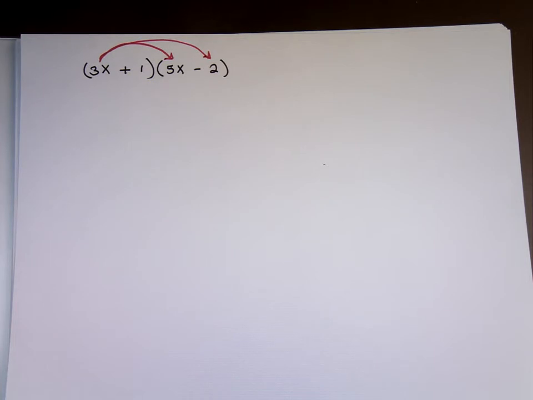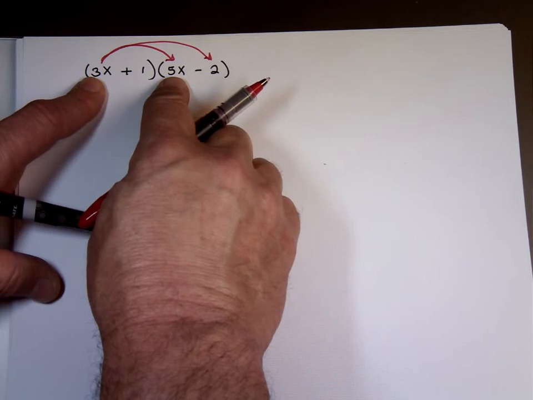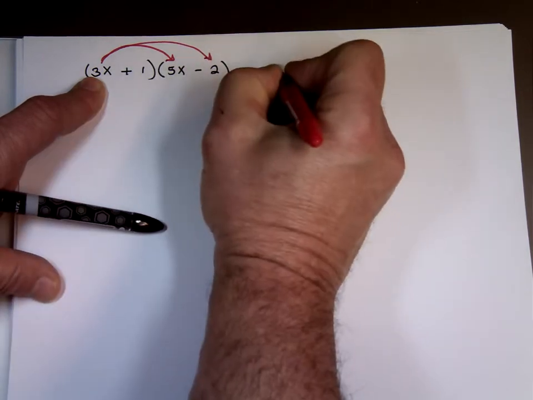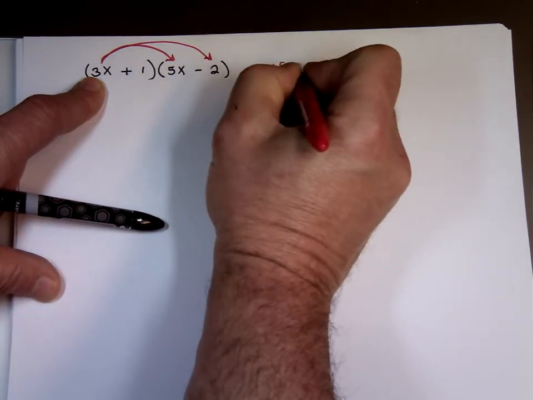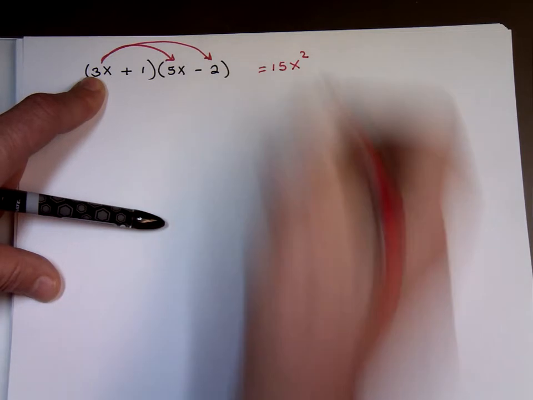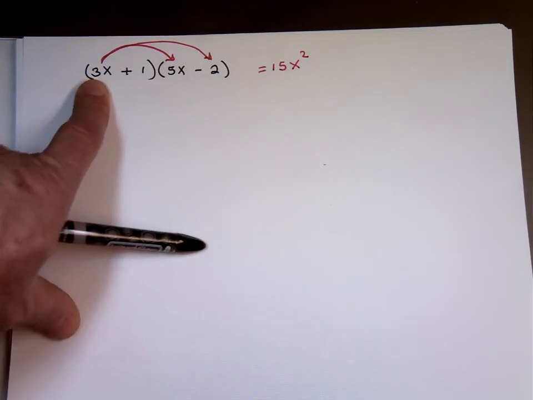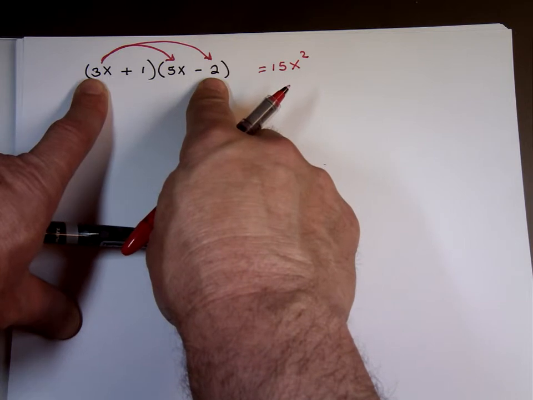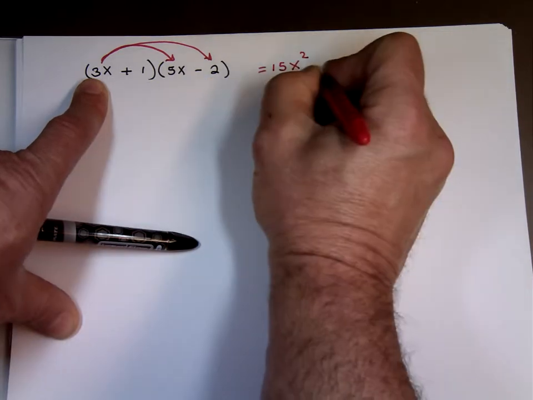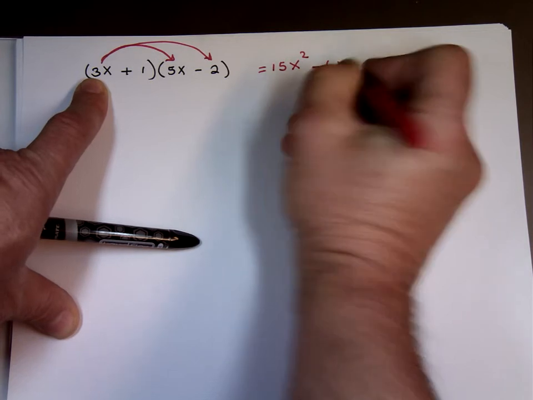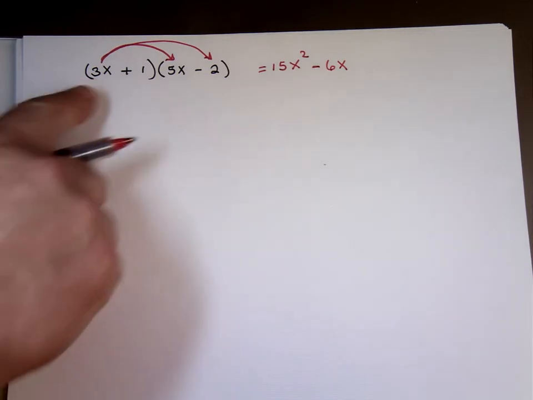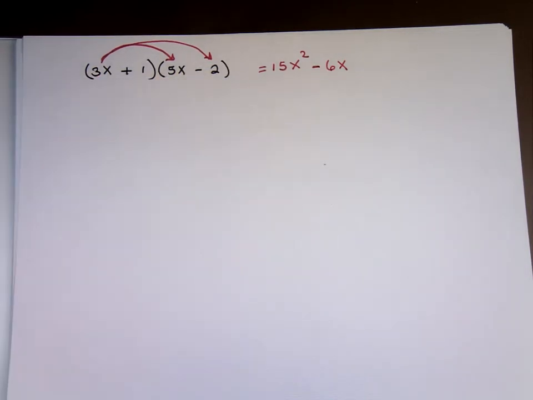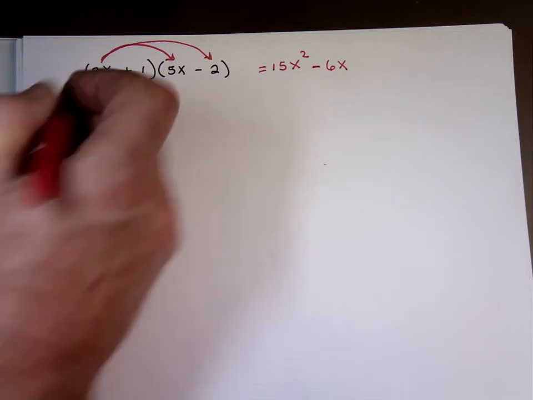So let's take the 3x. What's 3x times 5x? 15 x squared. 3x times a minus 2. Negative 6x. Good. So we took the first term in this, we multiplied through. We finished. Now grab the plus 1 and multiply through.